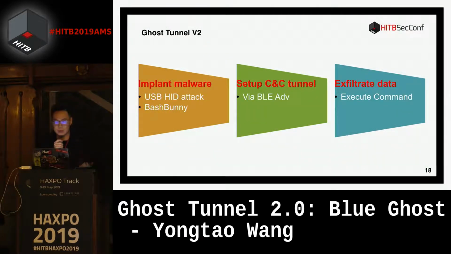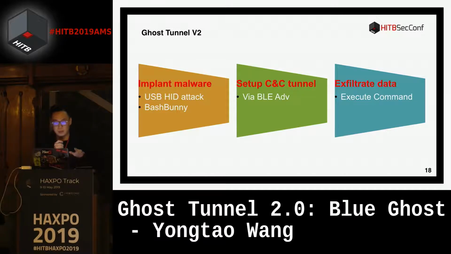GhostTunnel can use USB HID to release a payload into a target system like a Mac OS or Windows laptop. Then the payload uses the built-in Bluetooth adapter of the target device to establish a C&C channel with another computer controlled by an attacker.